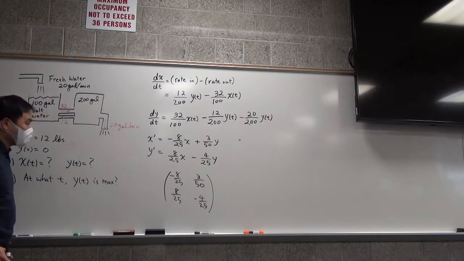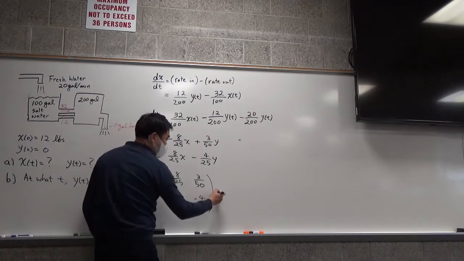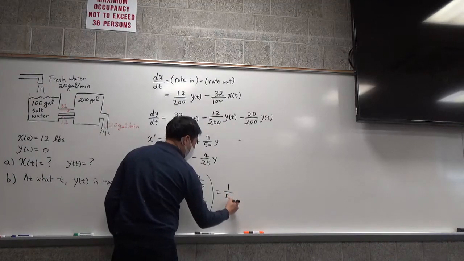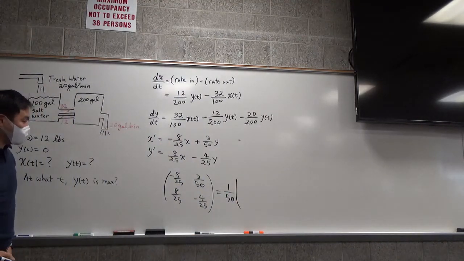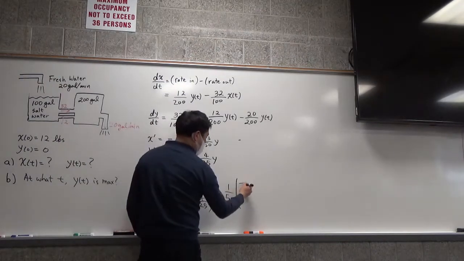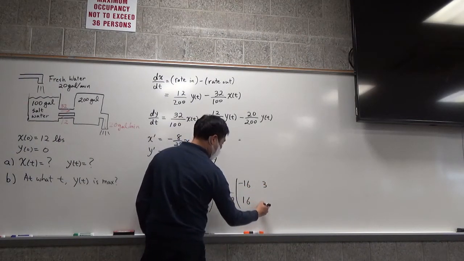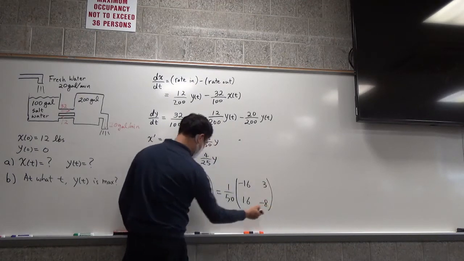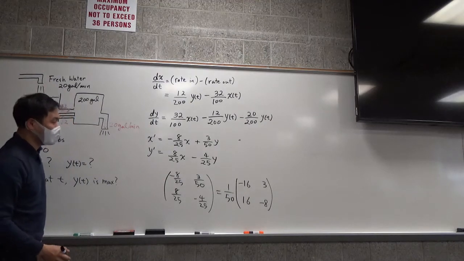Okay? So here's what I'm going to do. I'm going to pull out 1 over 50 outside. And the result would be that you end up with negative 16, 3, positive 16, and negative 8.